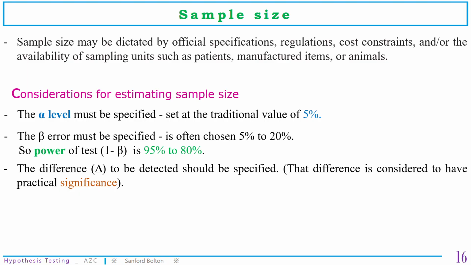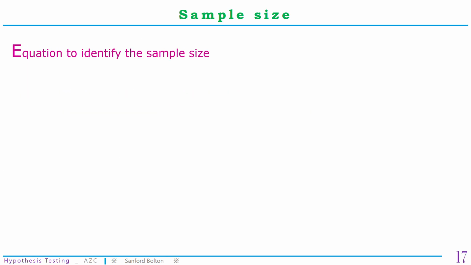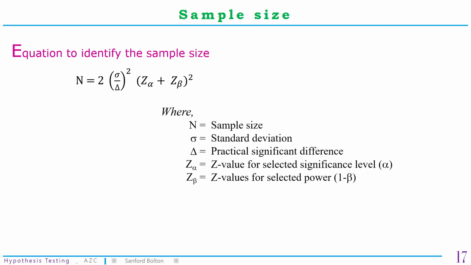The difference to be detected should be specified. That difference is considered to have practical significance. A knowledge of the standard deviation for the significance test is necessary. The equation to identify the sample size is given below. This equation includes all the parameters we have seen in the considerations for estimating sample size.